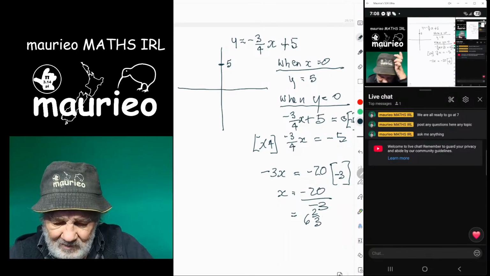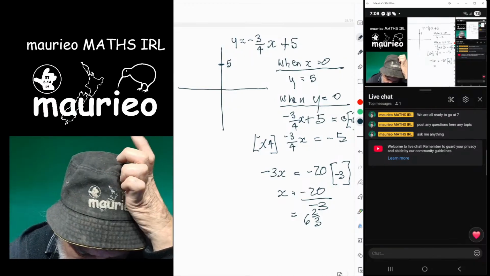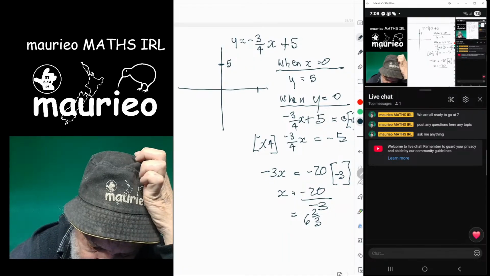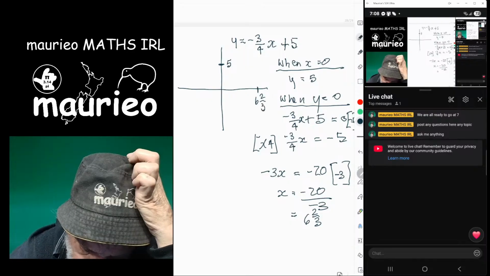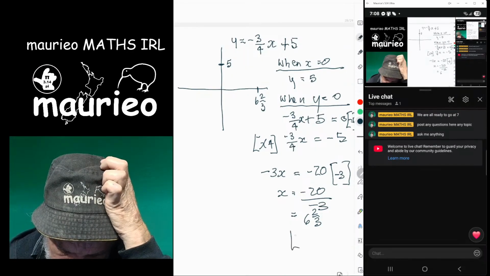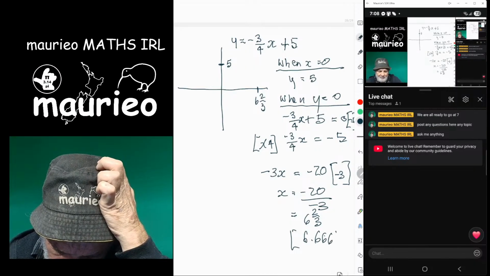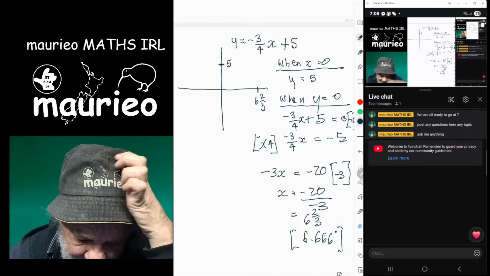So that's when y equals 0. So we get x equals 6 2/3, or 6.666 recurring in decimal terms.